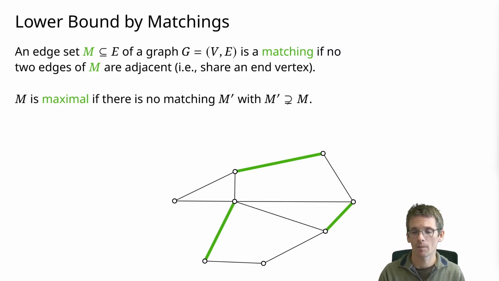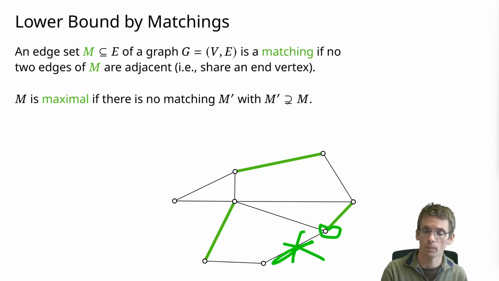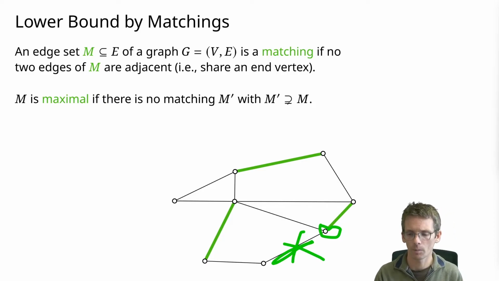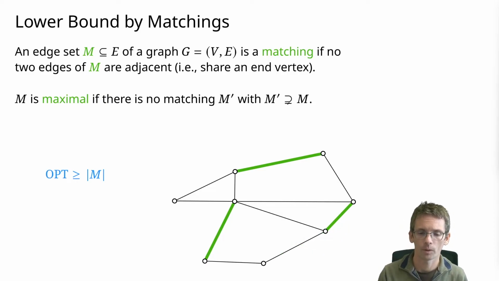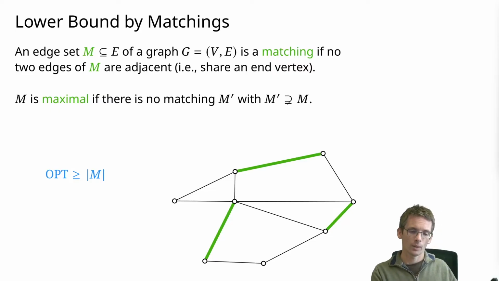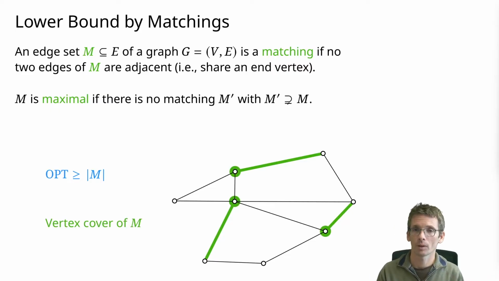So this here is a maximal matching, because no matter which edge I would try to add, like this one, I already have that endpoint here covered. So that's not possible. No matter which matching we have, but in particular for maximal matchings, the optimal will have to be at least the size of this matching, because I need a vertex cover which at least also covers these edges.